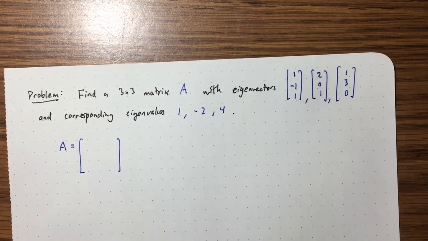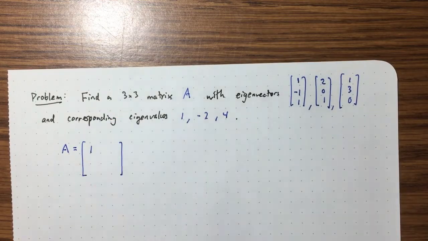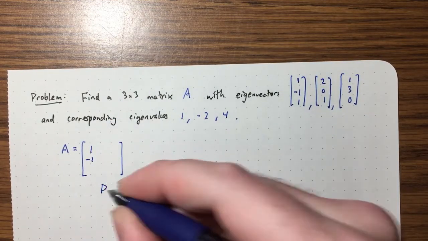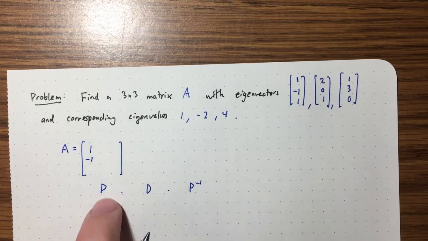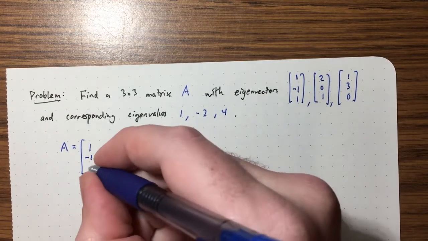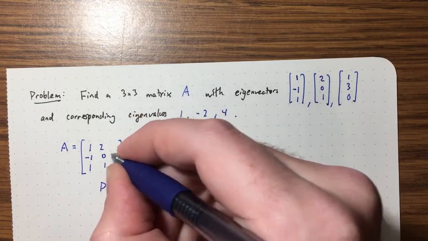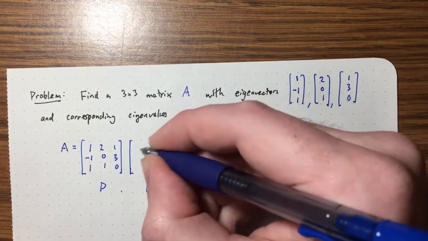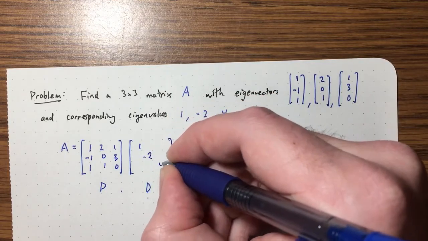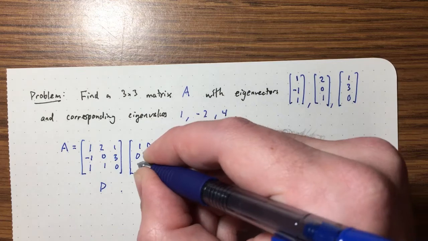They're linearly independent. So I'm just going to put those as the columns of my matrix P. I don't know what A is yet, but I know what P and D are. P has my 3 eigenvectors as columns. D has the eigenvalues along the diagonal, 1, minus 2, 4, zeros everywhere else.